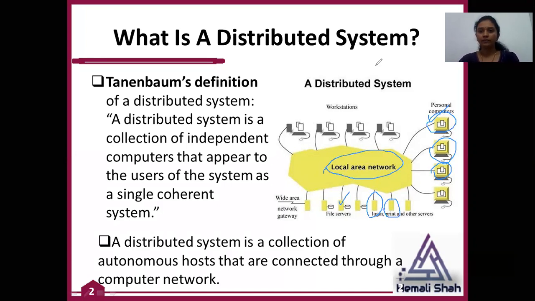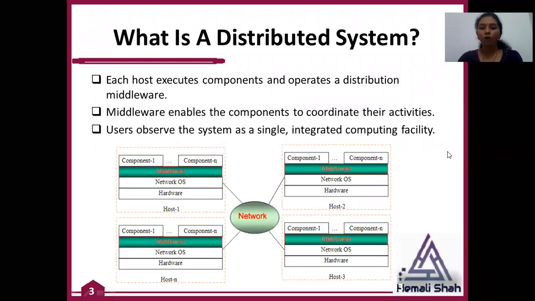And whenever you are creating such a distributed system, all your processing nodes have some hardware. Over the hardware, a network operating system is available. And over the network operating system, a middleware software is always available.